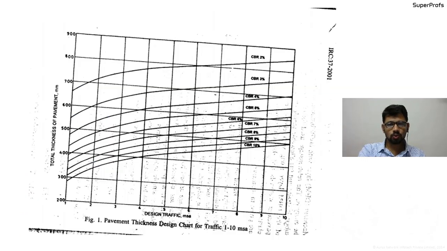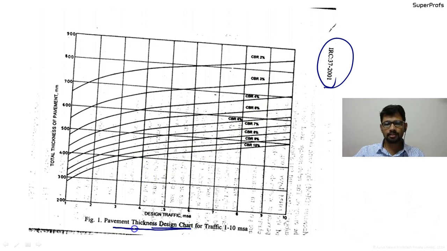So yes, this comes from IRC 37 2001. I have purposefully taken this also. This is the chart for modified CBR, which gives the pavement thickness design chart for traffic between 1 to 10 MSA, which stands for million standard axles.